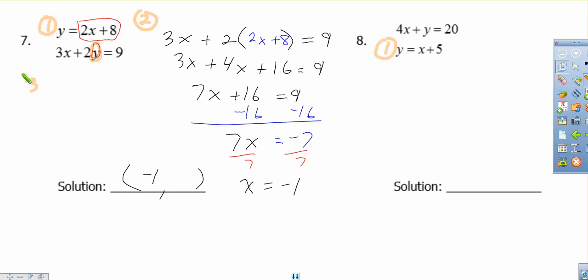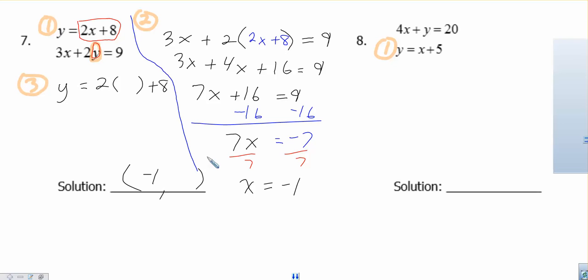Third and final step, go back to the original equation. That's y equals 2x plus 8. But we're going to substitute in negative 1 for x. That tells us that y equals, that's 8 minus 2, so 6. Therefore, our answer is negative 1, 6.